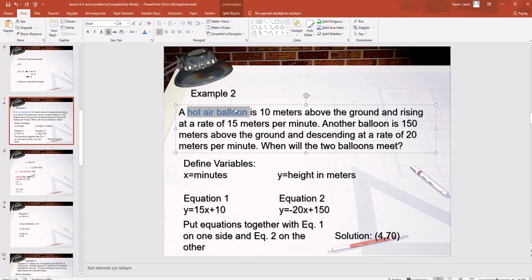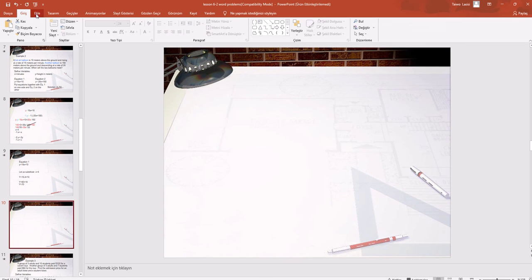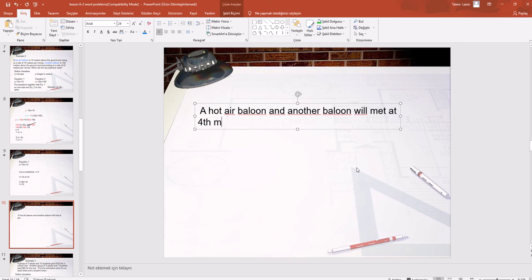Let me interpret it and write here: a hot air balloon and another balloon will meet at the 4th minute and 70 meters.